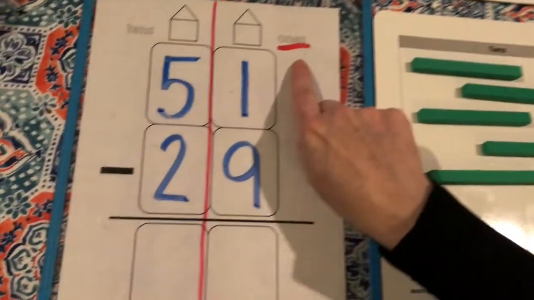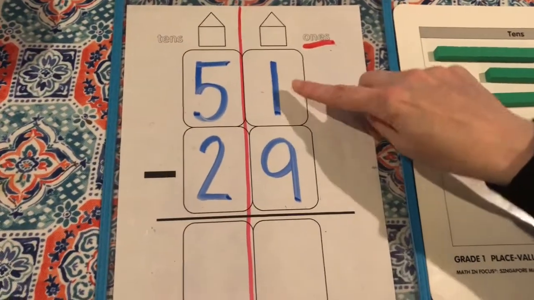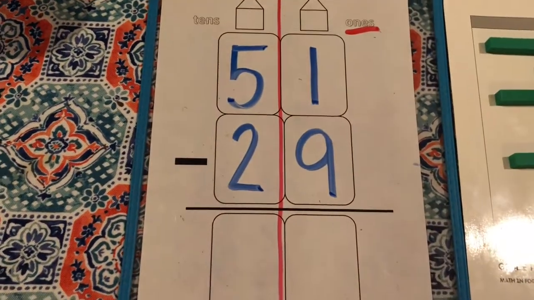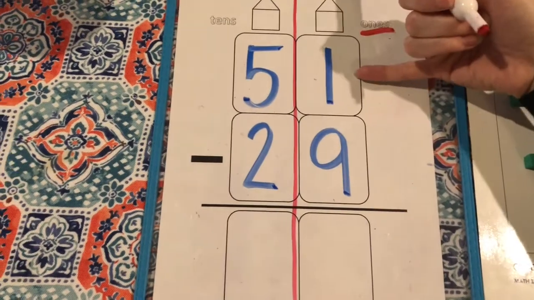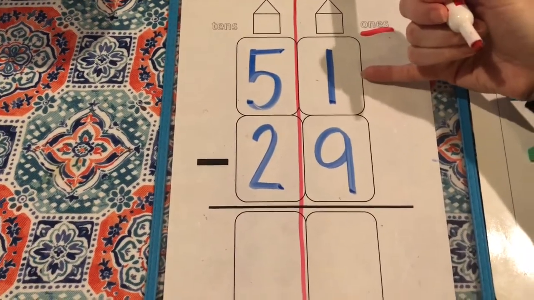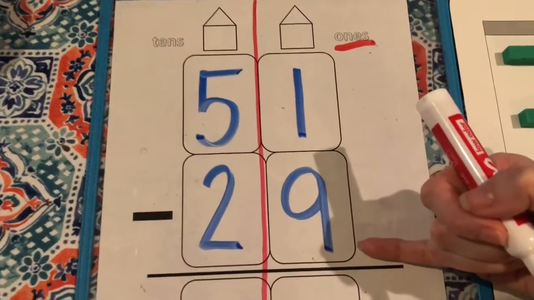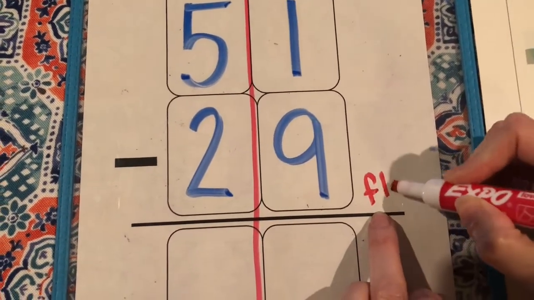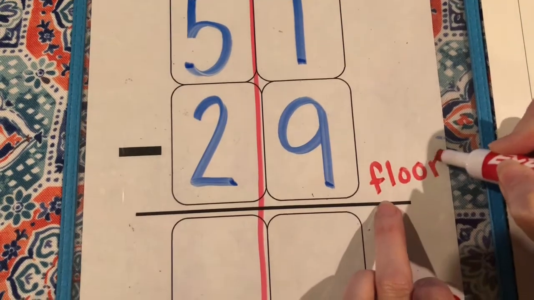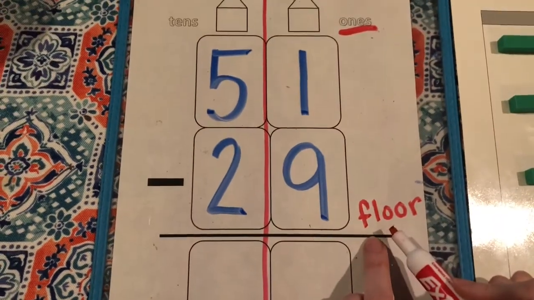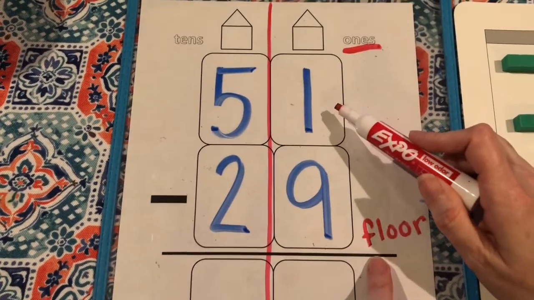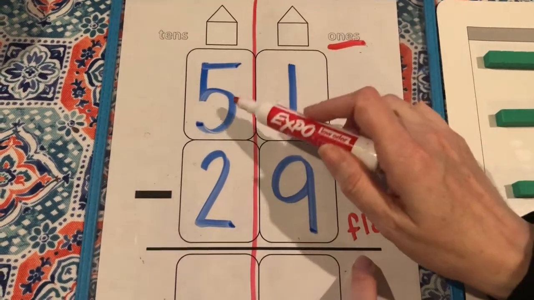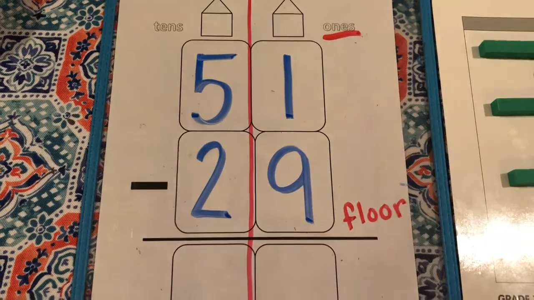Okay, so we're starting in our ones column. We're going to subtract 1 minus 9. Remember, look at the number that's upstairs. Compare it to the number that's on the floor. If the number on the floor is greater than the upstairs number, we have to knock on our neighbor's door and ask for 10 more.